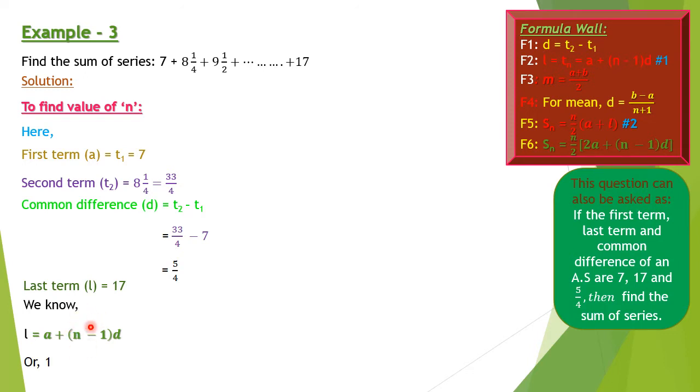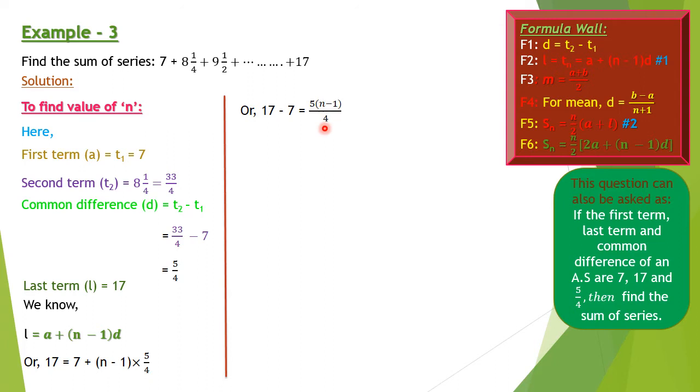Only n is unknown. So 17 is equal to 7 plus (n minus 1) times d, and d is 5 by 4. Now 17 minus 7, that is 10, equals 5(n minus 1) upon 4.